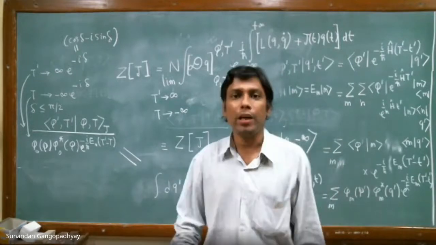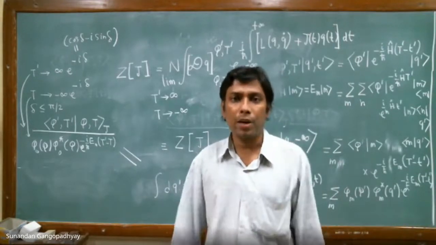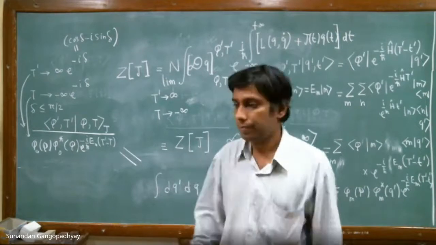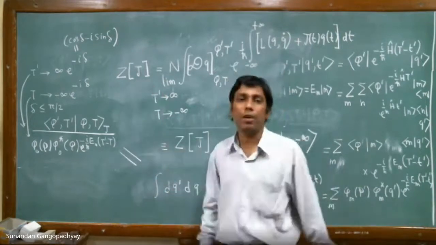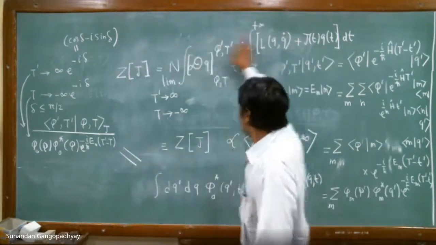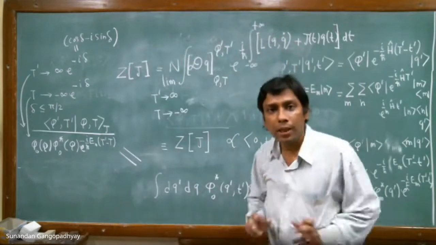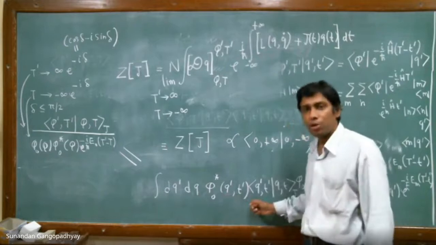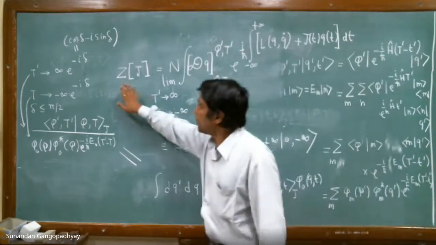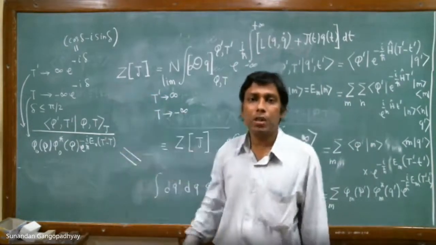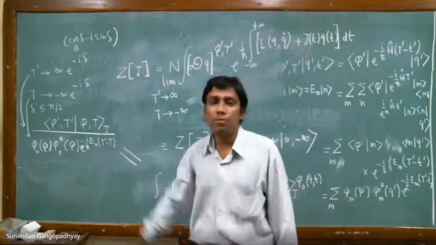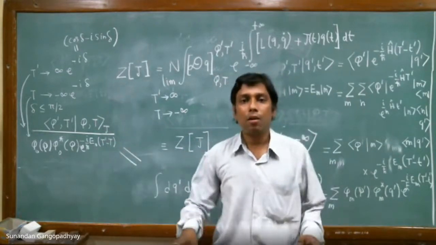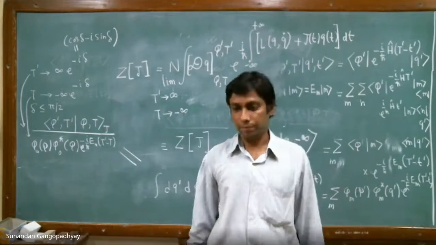And we shall calculate the n-point functions for a particular theory very soon from this generating functional. So this is your generating functional. What is the physical meaning of that? It is basically the ground state expectation value of this transition amplitude, and we will see as we proceed further that this generating functional basically generates all the n-point functions of the theory.